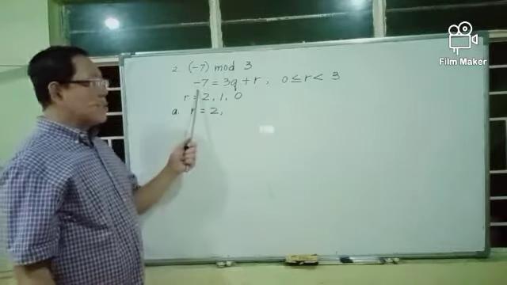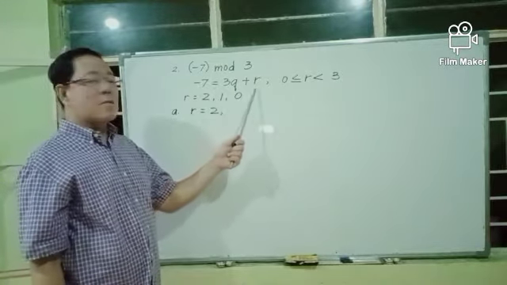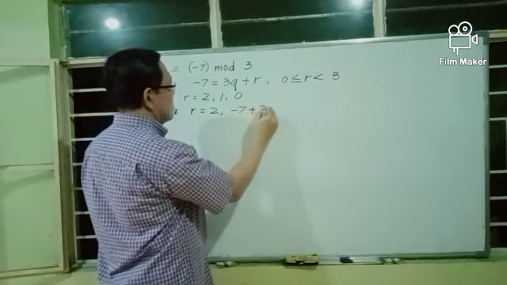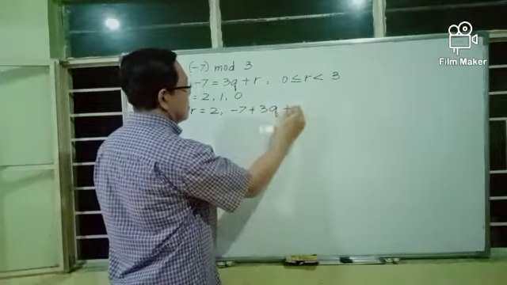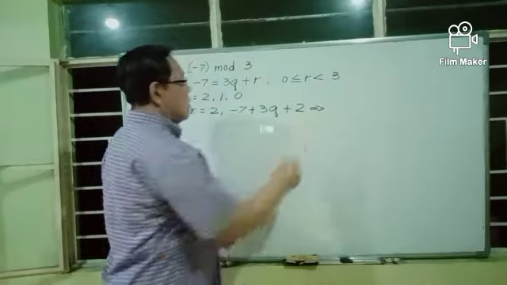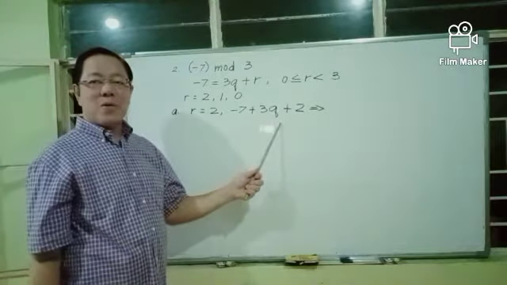If r is 2, this equation becomes negative 7 equals 3q plus 2. We solve for the value of q.